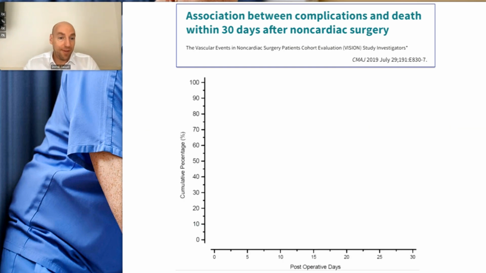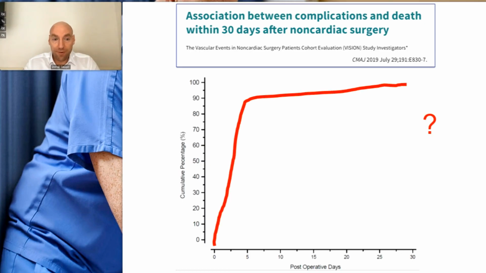If you now look at this chart, you can see on the x-axis the postoperative days. So there are 30 days after surgery, the first month after surgery. And on the y-axis, there is the cumulative percentage of patients who died within that time frame. Now you could expect, for example, that most of the patients die in the first 1 or 2 or 3 days after surgery.